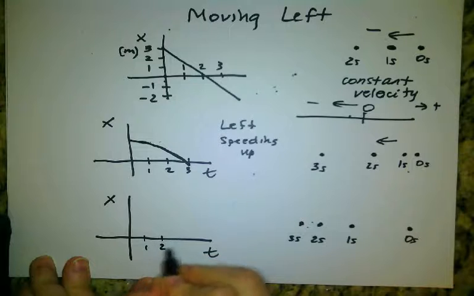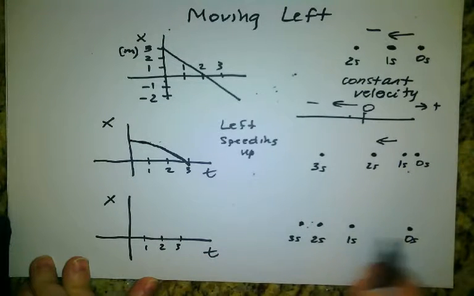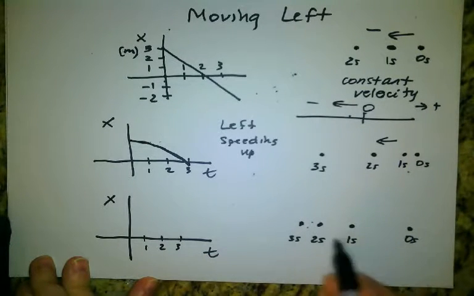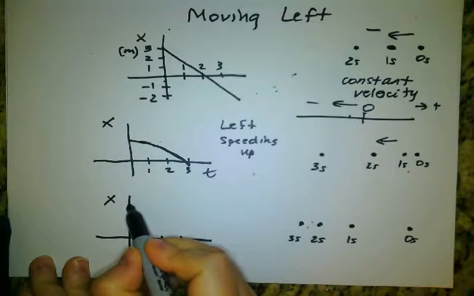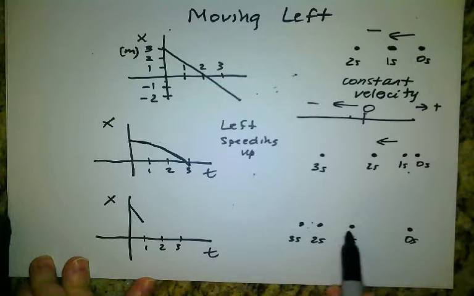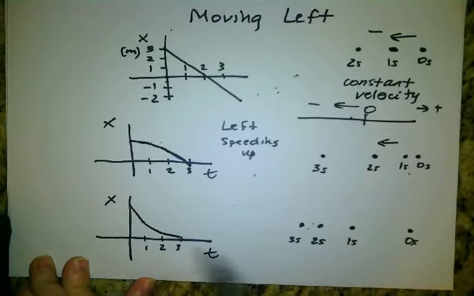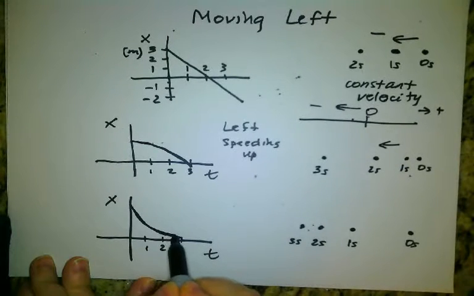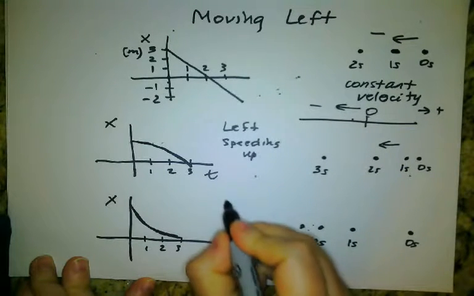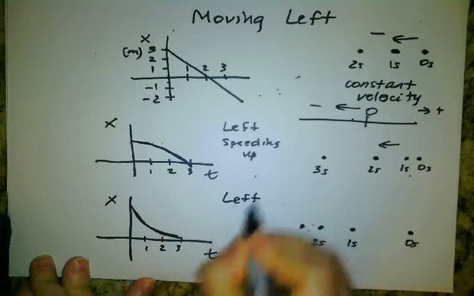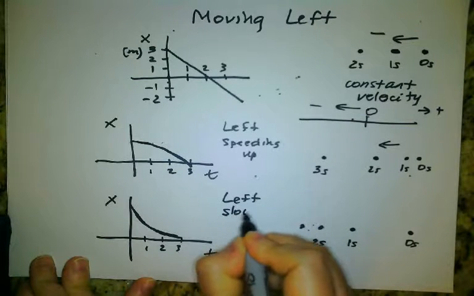Again, I have equal time intervals, but my slopes are not going to be the same on average during each interval of time. So here it starts off real steep, bam, and then it's not as steep, and then it gets even shallower, so you get this kind of a bowl up shape. So this is moving left, slowing down.